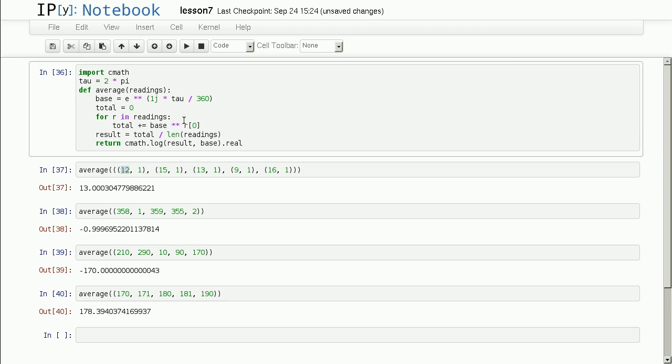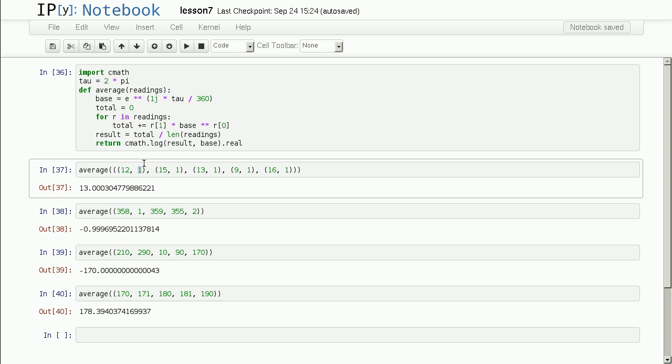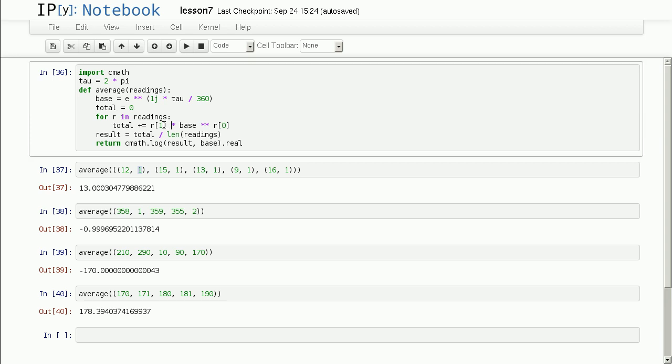And then I'm going to multiply this base by r sub 1, which is the second number in a reading, and that's the speed. So notice what I'm doing is just scaling this number in the complex plane. I'm scaling that vector by the amount of speed, increasing its distance from the origin if the speed is high, or reducing its distance from the origin if this number is low.